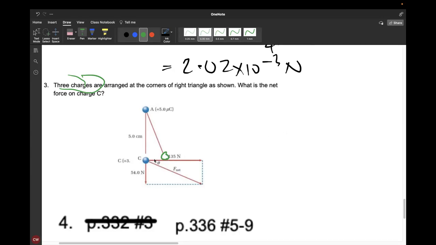But we do not have the distance. This one, same charge, maybe A pushed here. This one should be negative charge, so attract. But we do not have the distance. How to find?